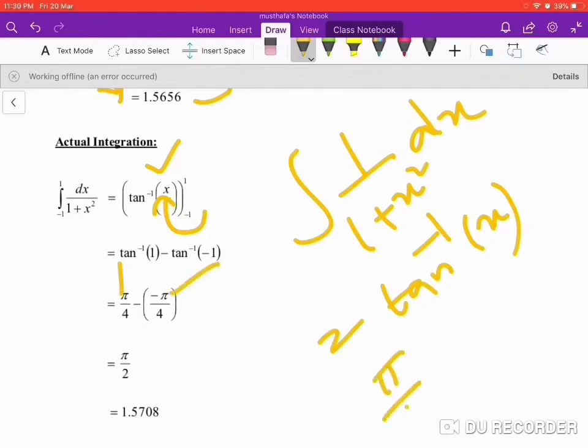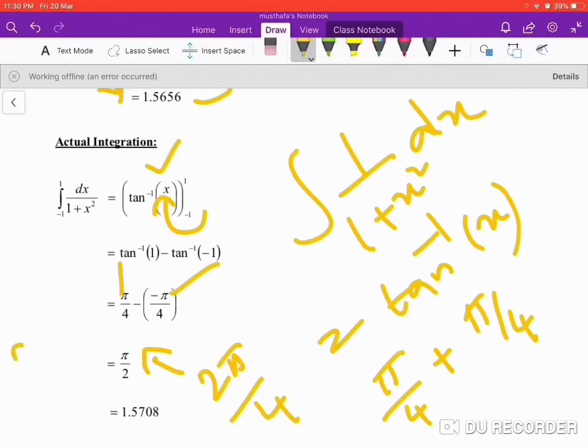Upon simplifying, pi over 4 minus of minus becomes plus pi over 4. So this is nothing but 2 pi over 4, which is equal to pi over 2. Here the value of pi is 3.14 and so on. So dividing by 2 leads to the result of 1.5708, rounded to 4 decimal places.